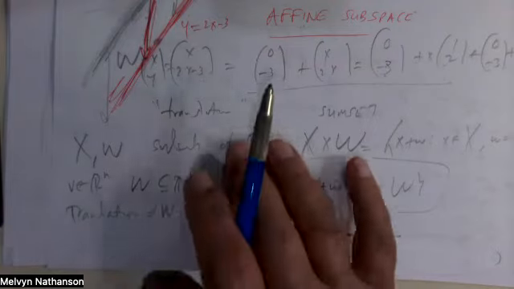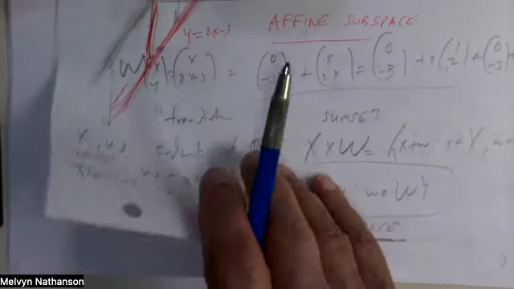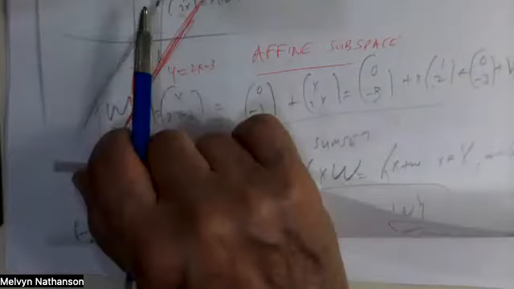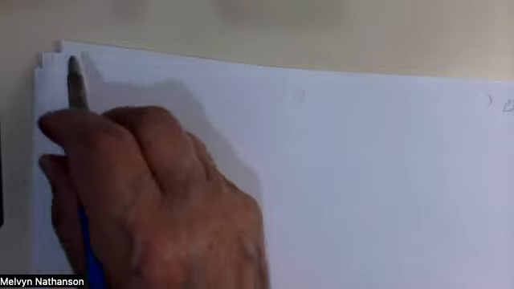So the only new thing we're doing today, everything I've done so far is just a review of what we did on Monday. The only new thing is I just defined an affine subspace, and I'm going to show we get the following theorem. So this is in the text.